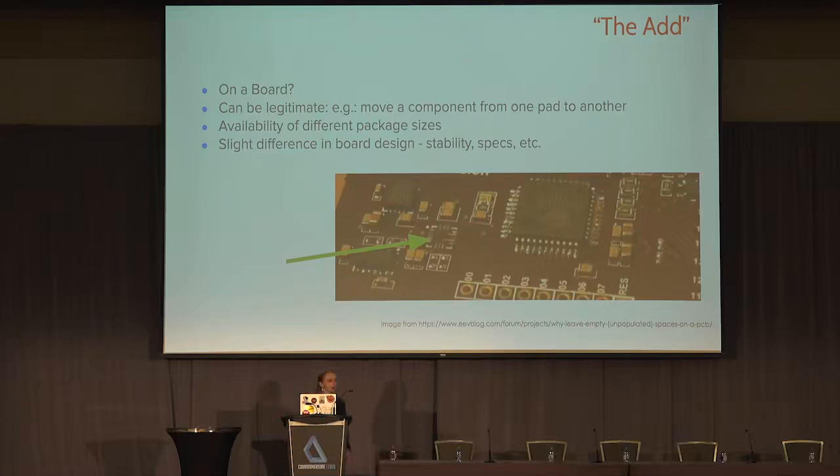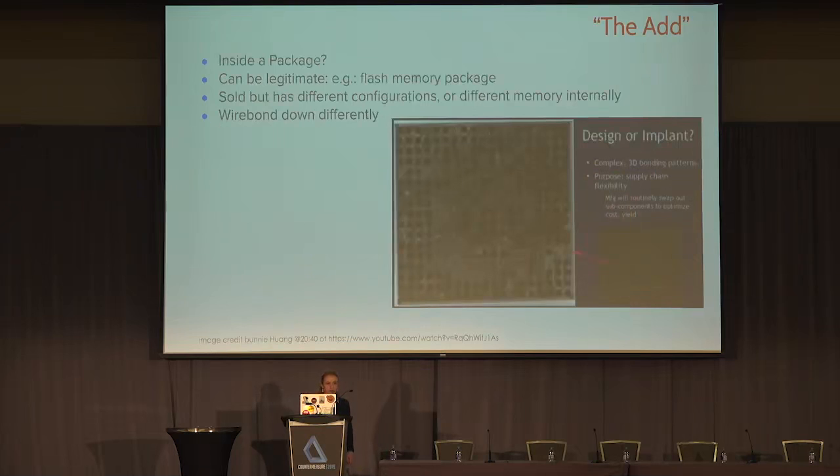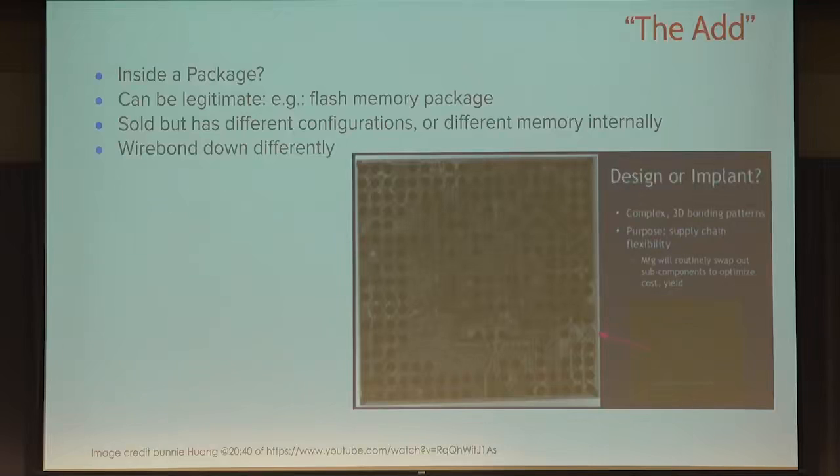However, this would differ from the original spec. However, it's become almost prevalent across different manufacturing firms that these replacements do happen. All right, and so you can also have an add inside of a package. So you'd have different flash memory packages, as you see in the picture here.